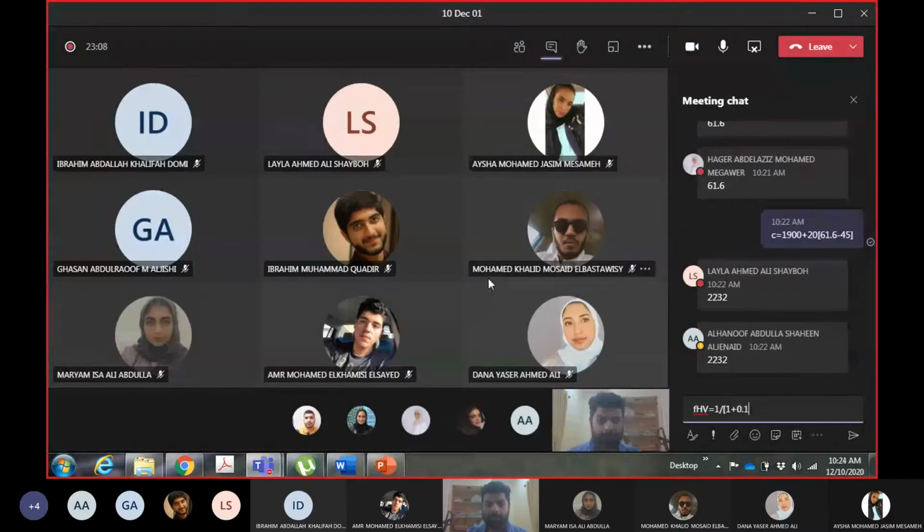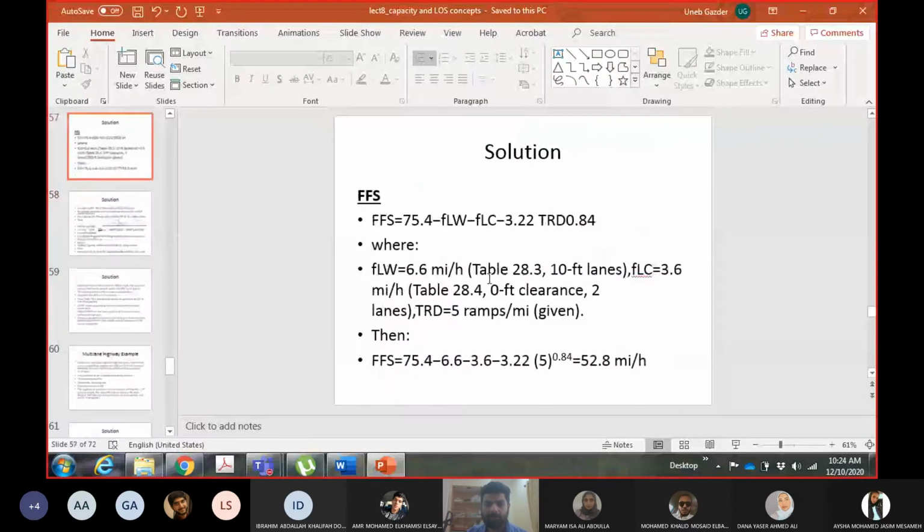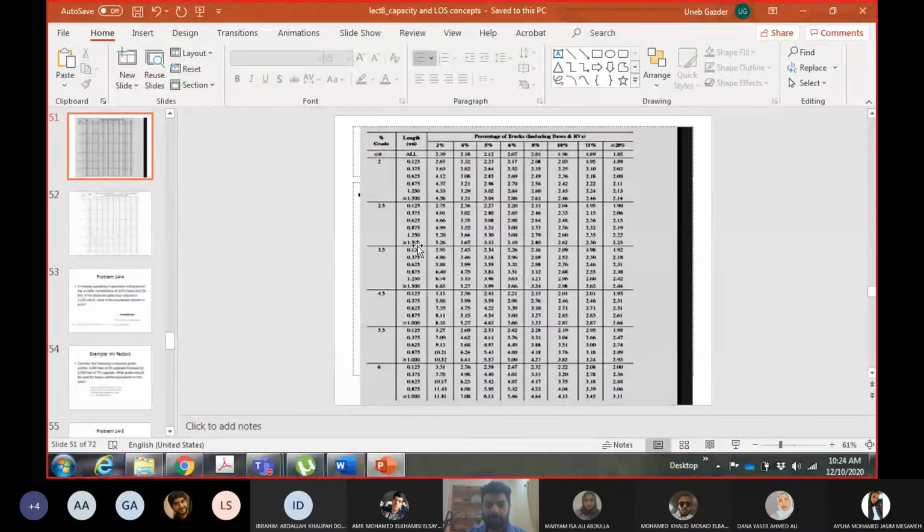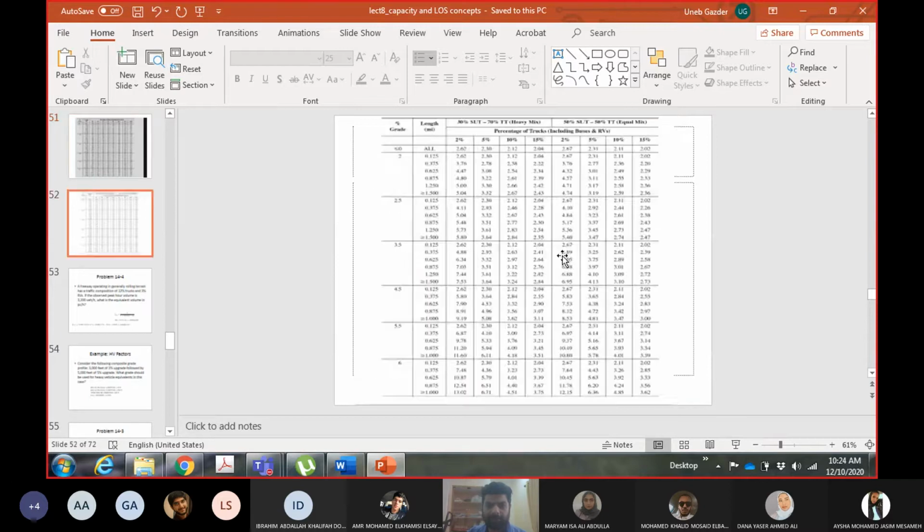EHV minus 1. So for EHV, I have to come to this table, because of the sustained gradient, I cannot use the general terrain conditions. So 10% trucks is here.